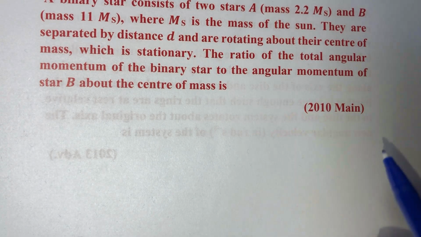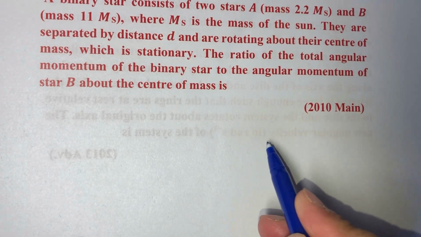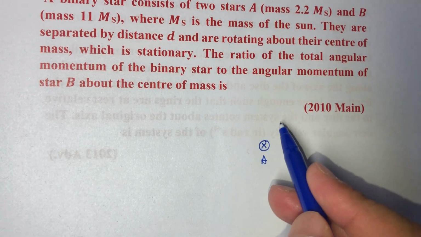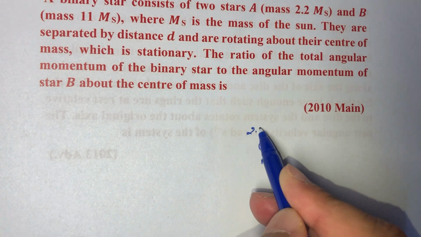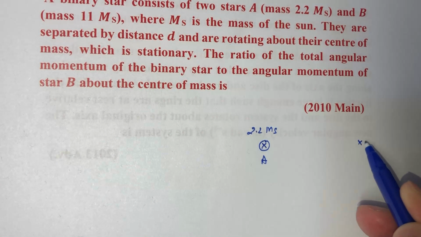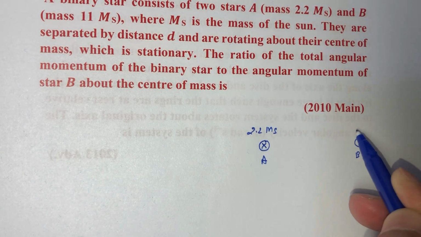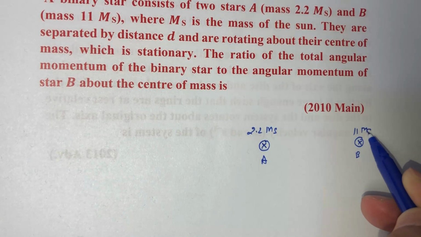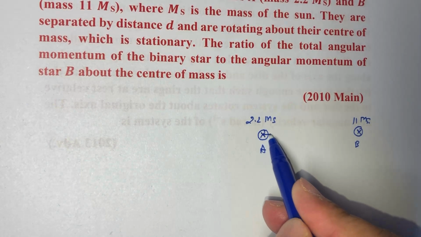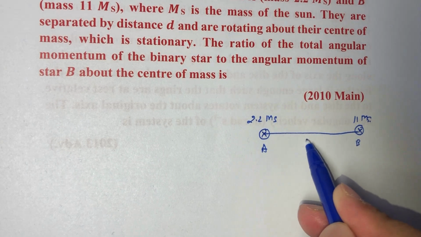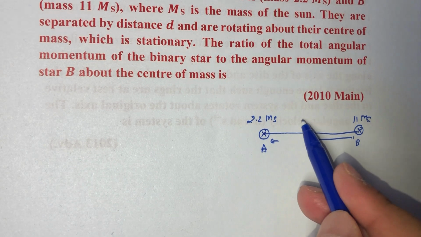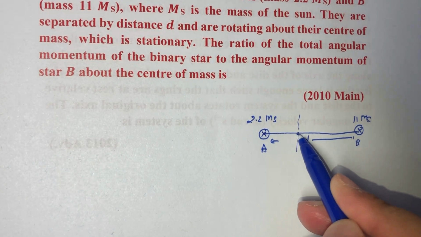Let us suppose we have a star A whose mass is given as 2.2 ms, and we have a star B whose mass is given as 11 ms, and they are rotating, and they're separated by a distance d. Let us suppose this is distance d, and they are rotating about center of mass, and let us suppose this is the center of mass somewhere here.